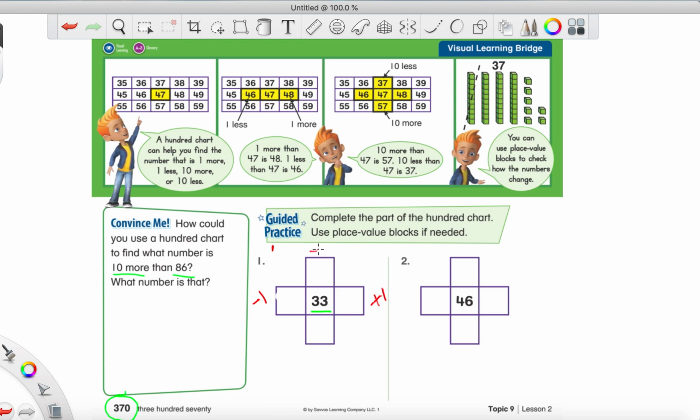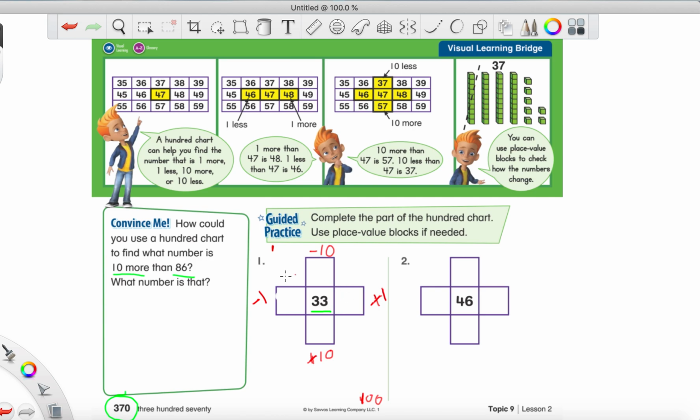So this is like saying minus 10. And if we go down here towards the bottom, towards that imaginary 100, I'm just going to write a little 100 down here. It's going to be more. So this would be like saying plus 10. It's our 10 more.